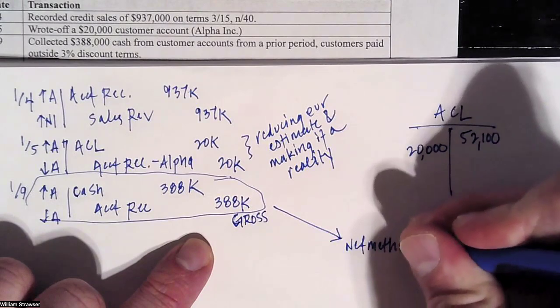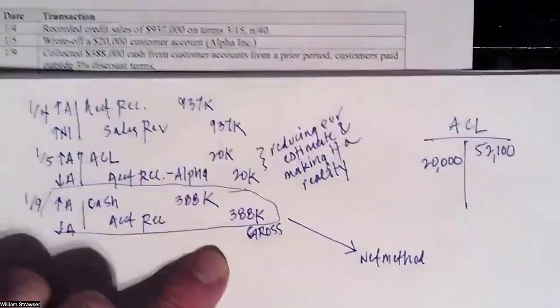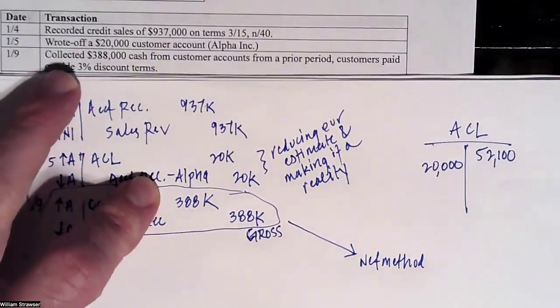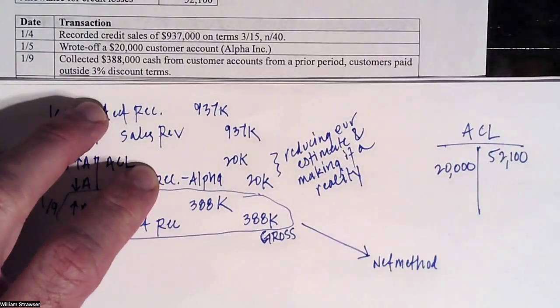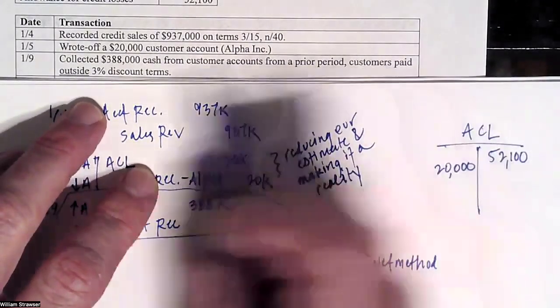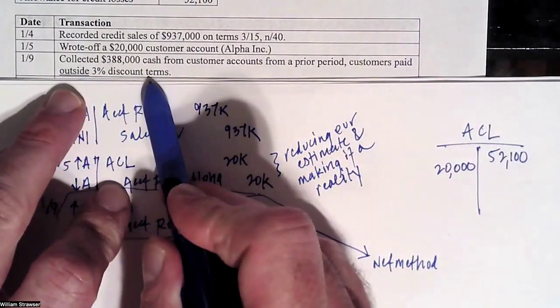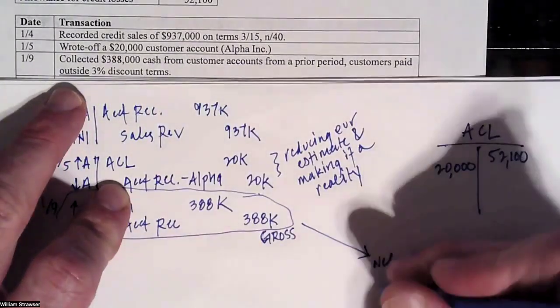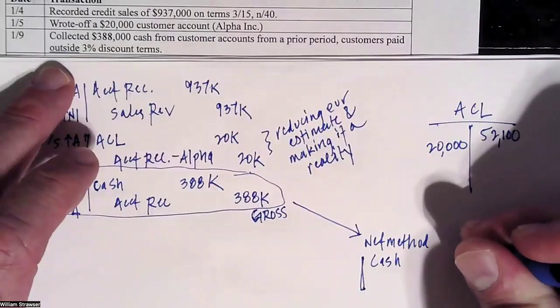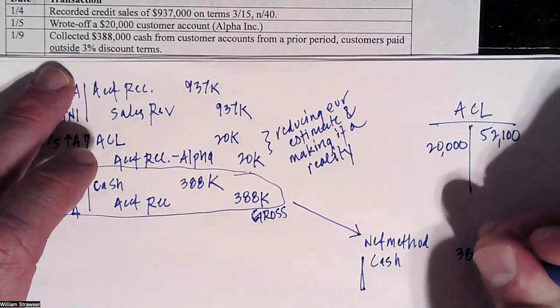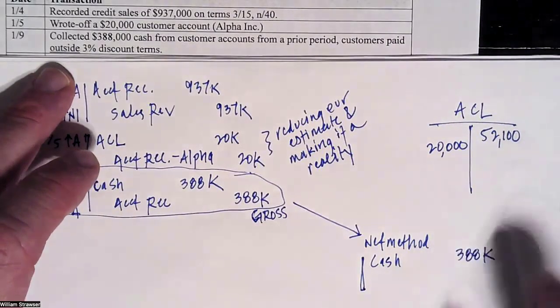How would I record this if it's $388,000 of cash and the customer paid outside the 3% discount terms? Well, again, I can just start by recording the cash because I received cash, $388,000.